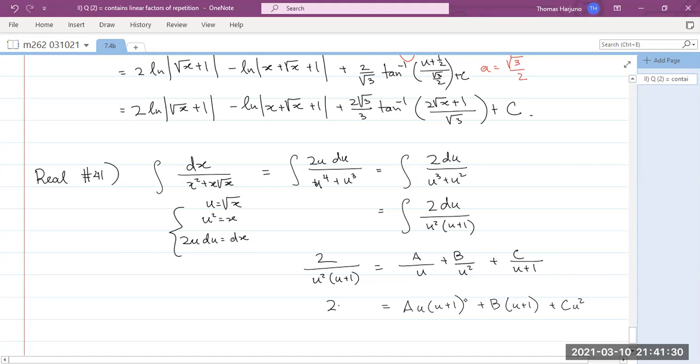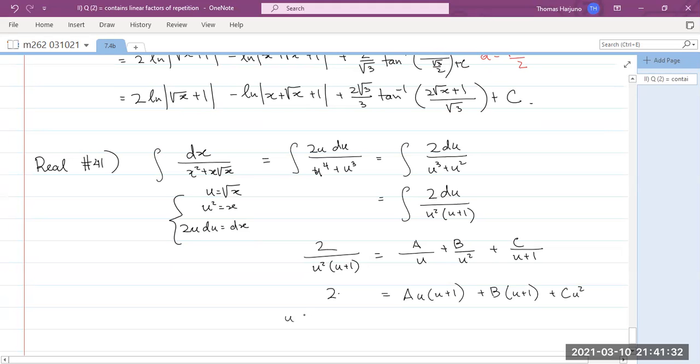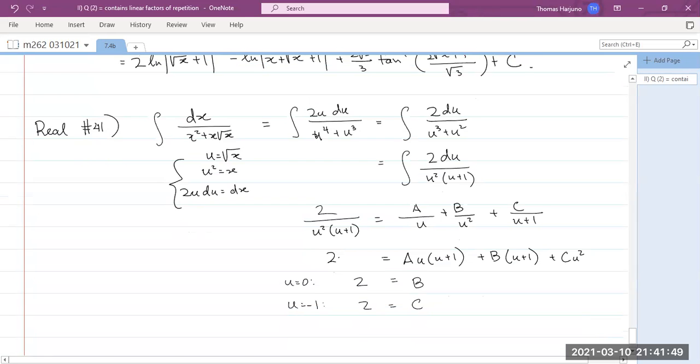Okay, so when u equals 0, I get b. Oh, that's nice. When u equals -1, I got c. Oh, I hope it's just like that all the time. Then what other number should I try?